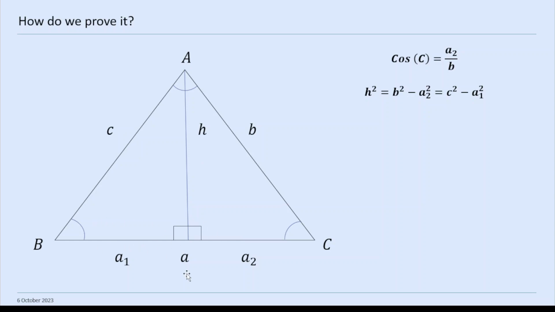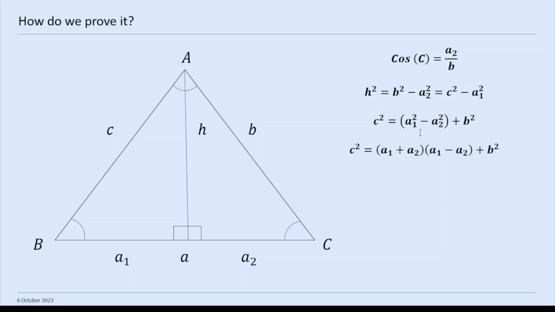Both of those are by Pythagoras' theorem. So b squared minus a2 squared equals c squared minus a1 squared, which means that c squared equals a1 squared minus a2 squared plus b squared.